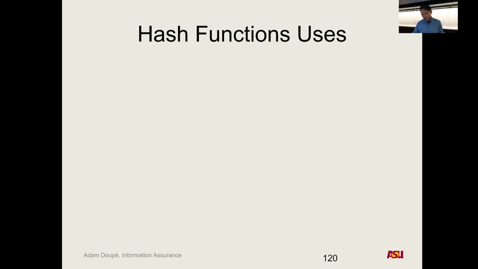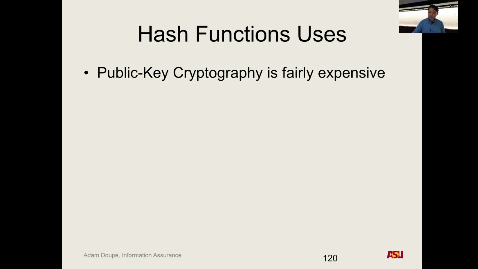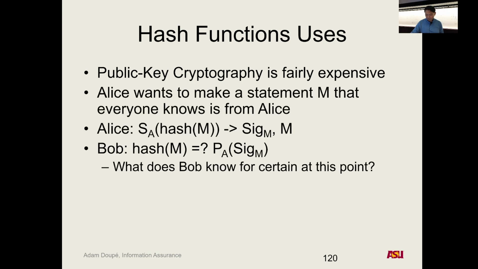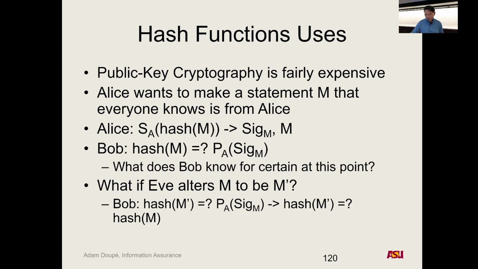So public key cryptography used to be computationally very expensive. So hash functions are used instead of public key cryptography, like in these scenarios. Alice needs to make a statement M that everyone knows is from Alice.